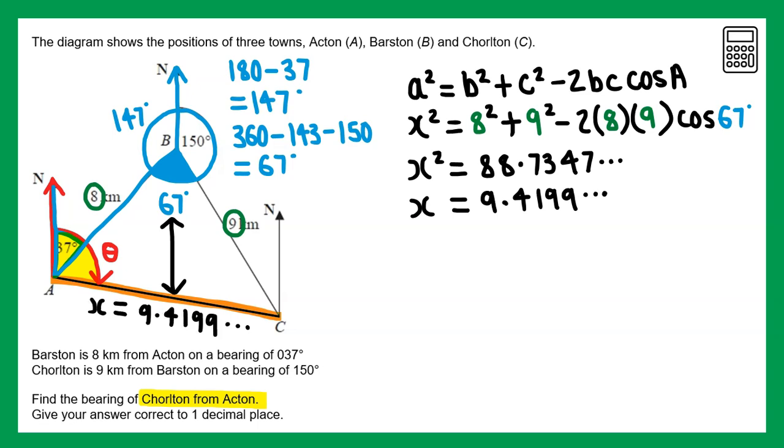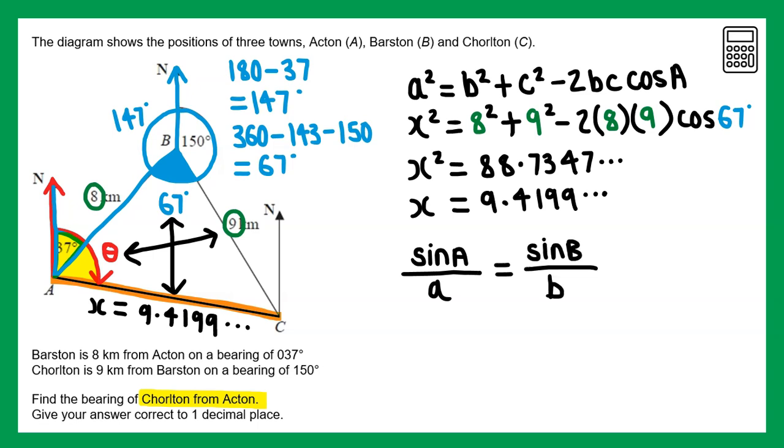Square rooting this will give me a value for x of 9.4199. Now I know the length AC, I can go ahead and use the sine rule to find the missing angle theta. I want to use the version of the formula where the angle forms part of the numerator, where we have sine A over a is equal to sine B over b. Uppercase A is the angle to be found, labelled as theta, and lowercase a is the opposite length, 9.